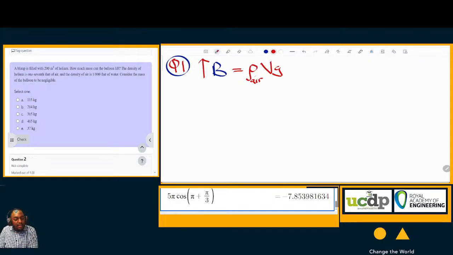And what else is there would be the weight of the helium, which should be going downwards, equal to the density of helium multiplied by its volume times g.